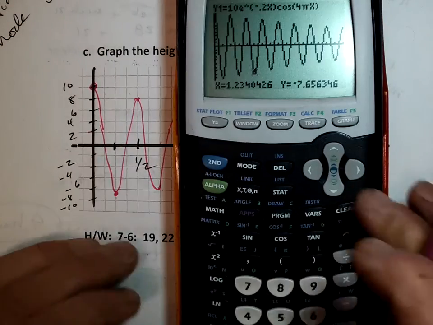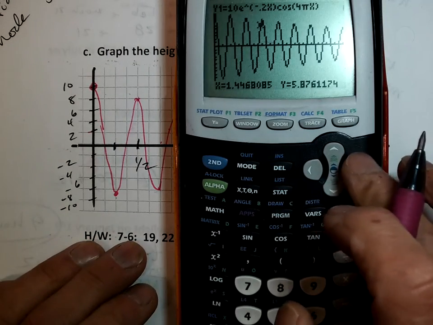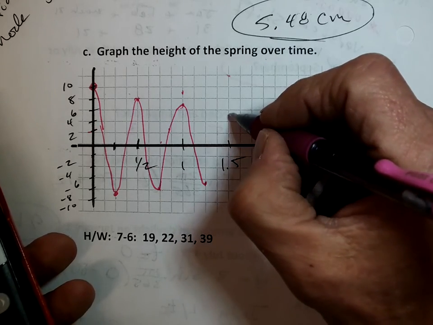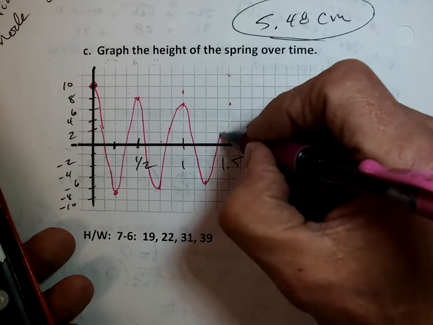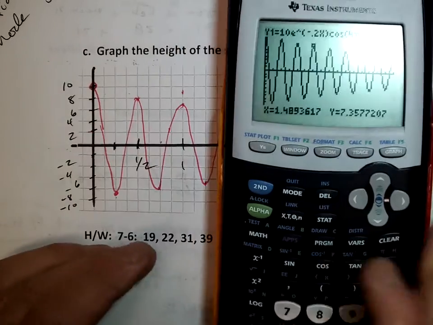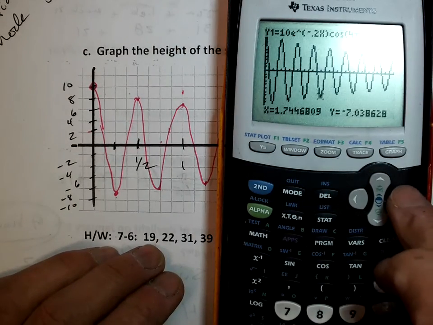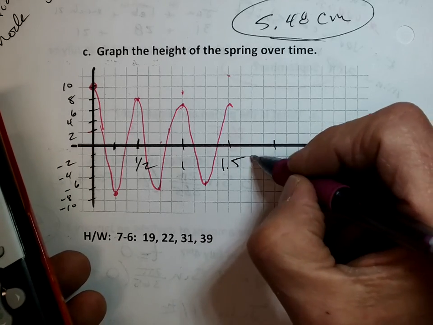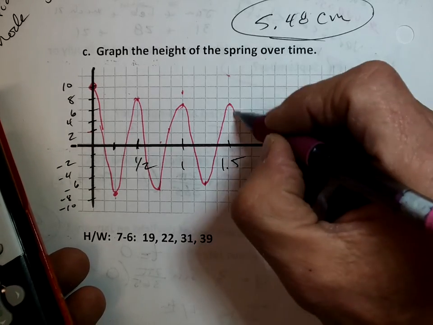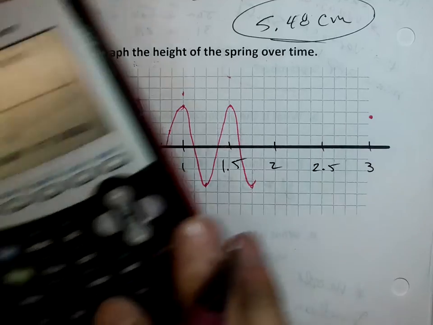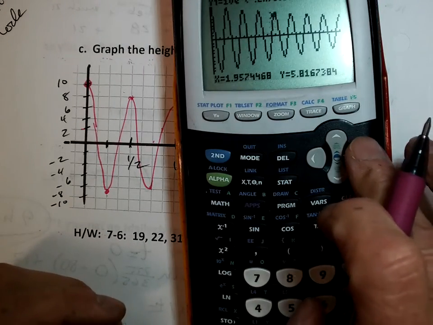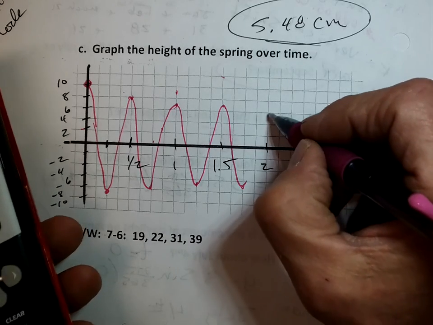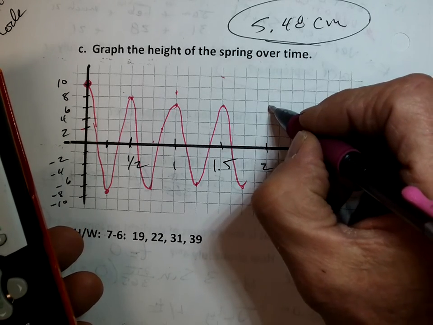Trace. About 1.5, I'm about 7. At about 1.7, about negative 7. About 2 and about 6.7, maybe there.